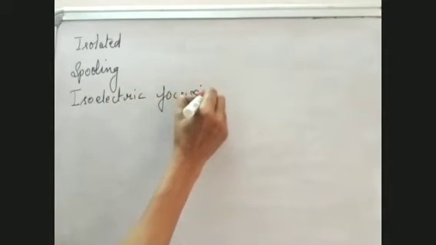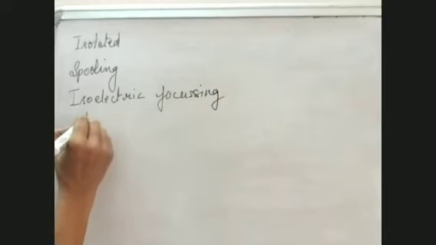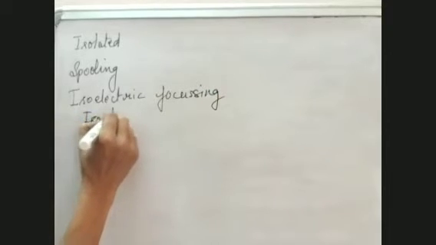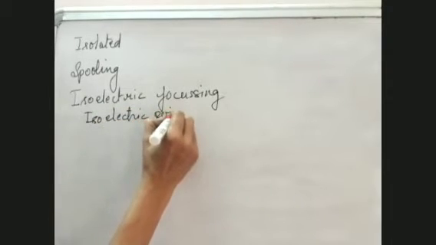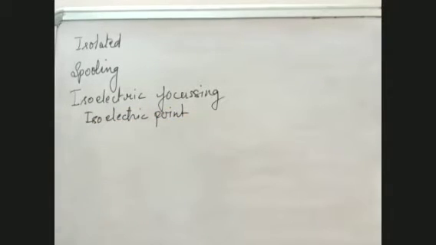In isoelectric focusing we focused on the isoelectric point. And what was that isoelectric point? This was the pH at which a particle, a DNA fragment, loses its charge.